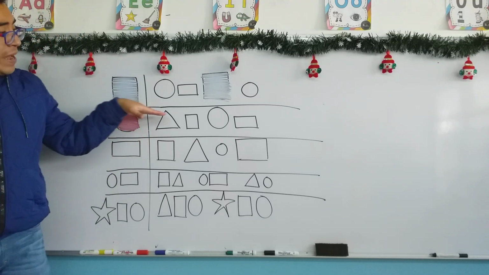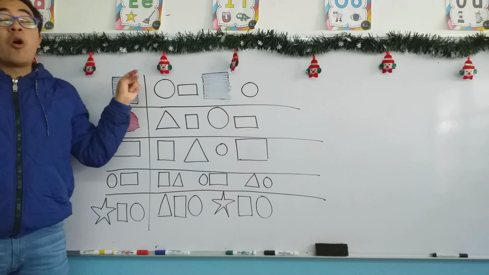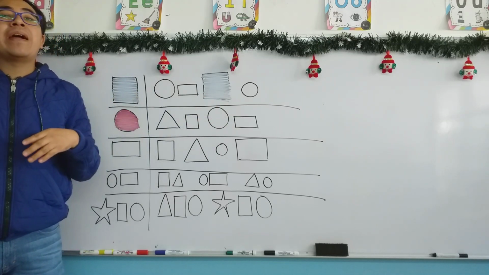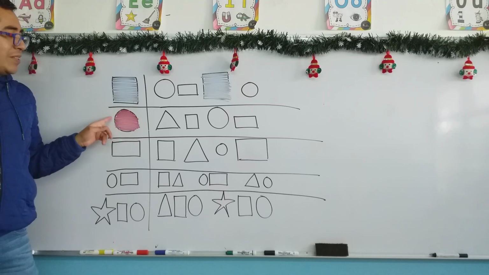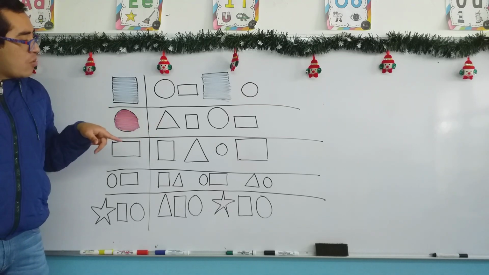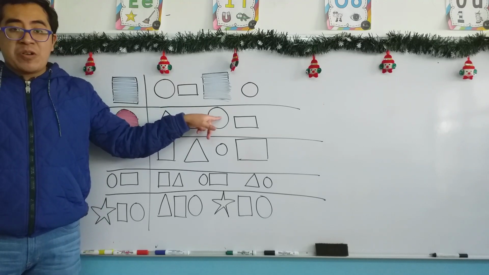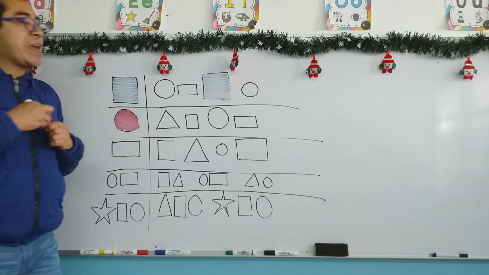Now, of this row right here, de esta fila de aquí, vamos a buscar another circle just like this. Let's check. We have a triangle, we have a square, and we have a circle identical to this one. So, we paint it.